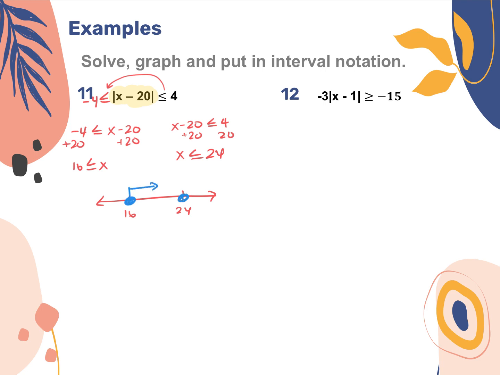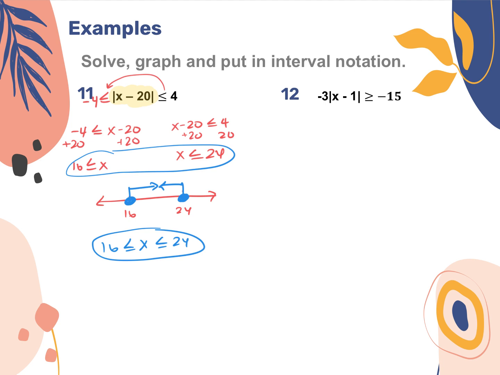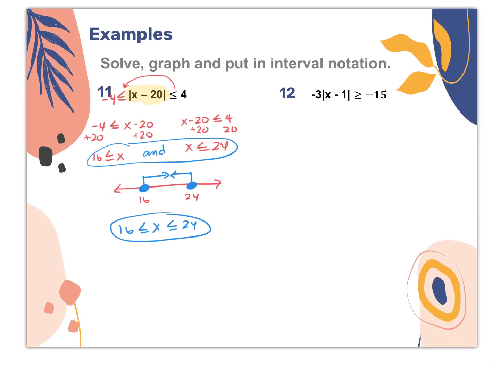And I have a closed circle at 24, and x is less than it. And so I can merge these two solutions together as this, if I want to, right? Or I can just do and, like that. And then the last thing is, how would I do this in interval notation? So it's, again, from 16 to 24, and it includes the ends.